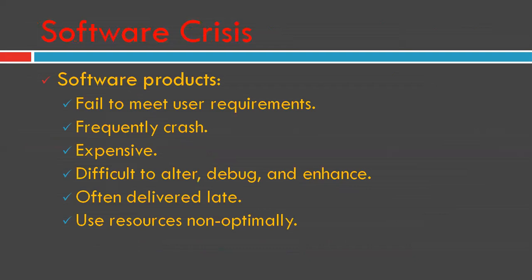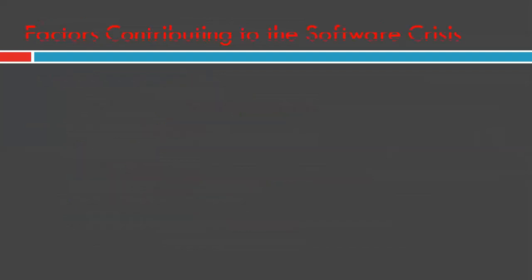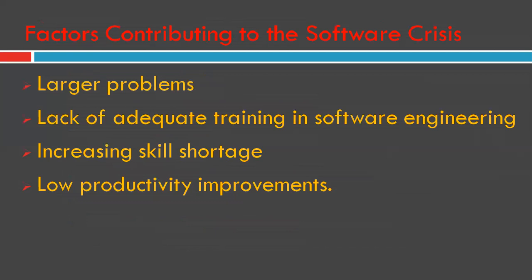They use resources non-optimally, often fail to meet user requirements, are far from reliable, frequently crash, and are often delivered late. At present, many organizations are spending much more on software than on hardware.